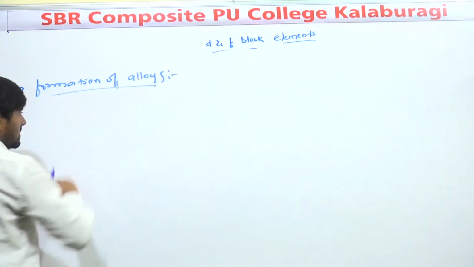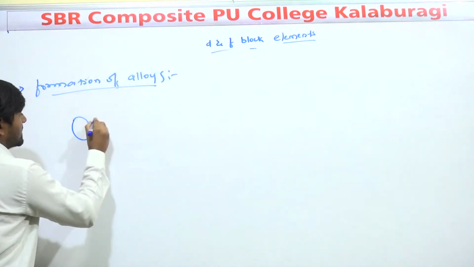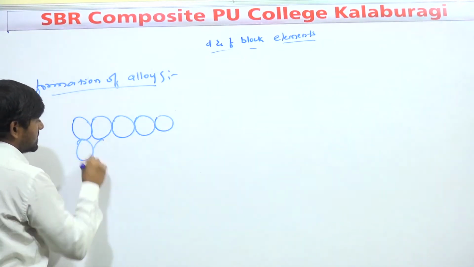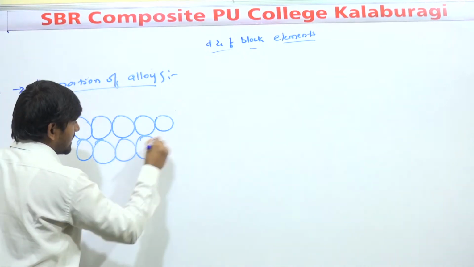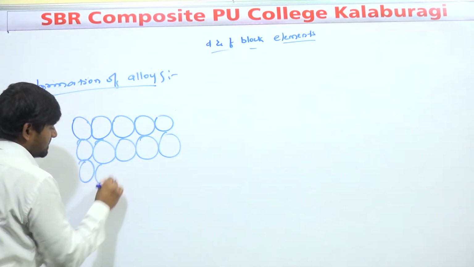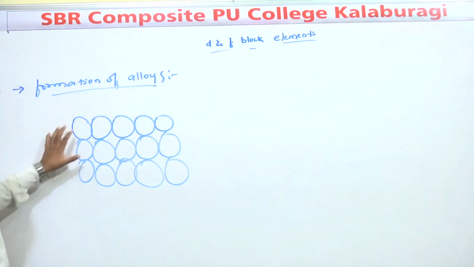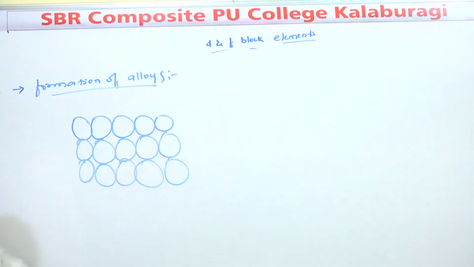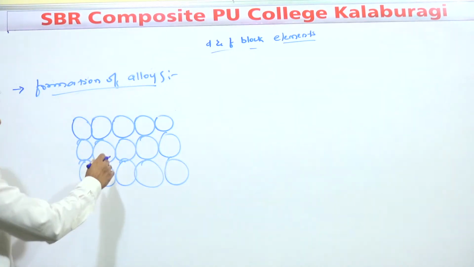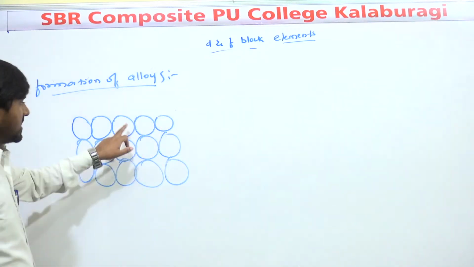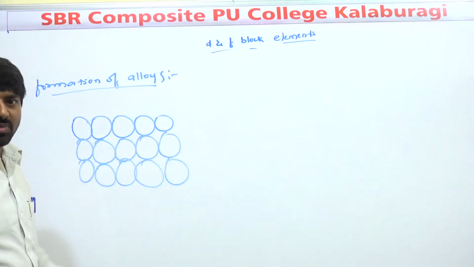For example, let us consider a zinc metal where atoms of zinc are arranged properly. Consider all these atoms belonging to zinc. Now, what I have done in this is mixed in some amount of copper.